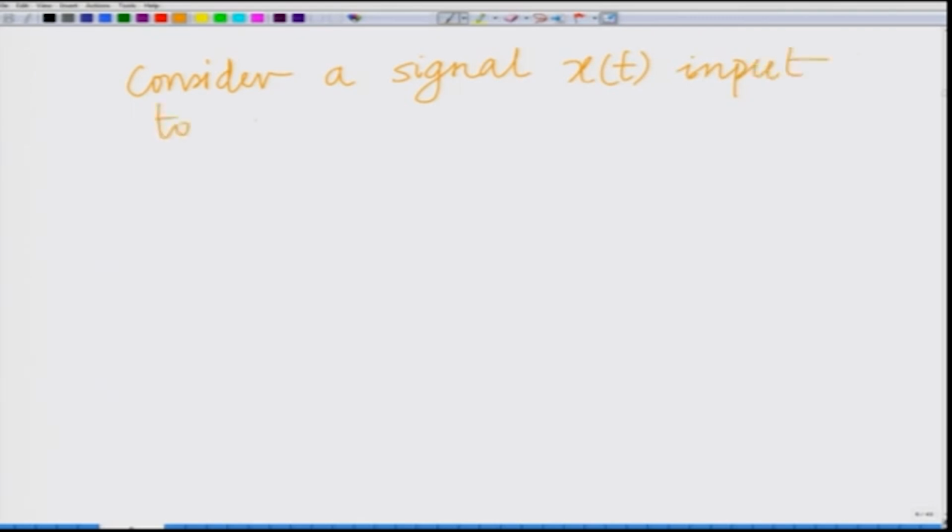Remember, yesterday we elaborated on the properties of a linear time invariant system, that is linearity and time invariance.